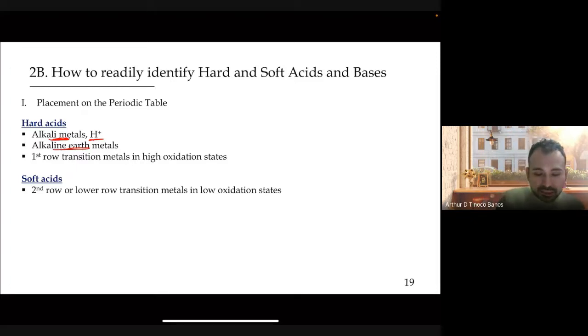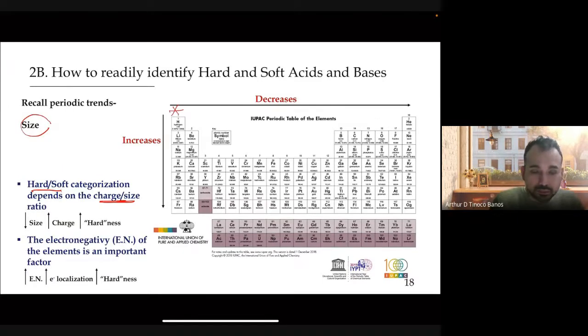Another area is the first row of the transition metals, when those metals are in a high oxidation state. So we're talking about here, and also the first row of the transition metals.